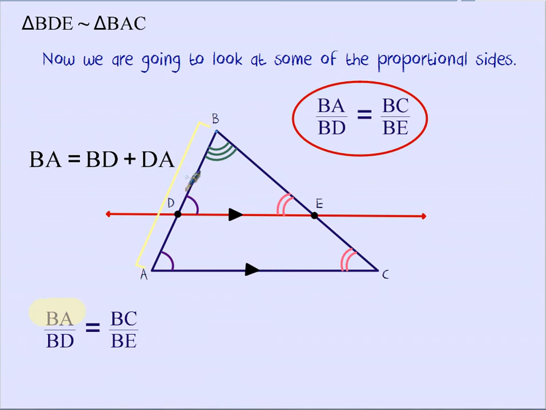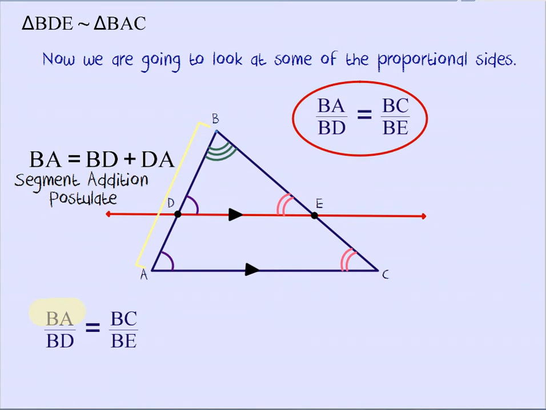So one more time, BD when added to DA equals the whole line segment from B to A. Now this actually has a special name to it. It's called the segment addition postulate. It means that I can take two smaller segments and add them together to get a bigger segment.